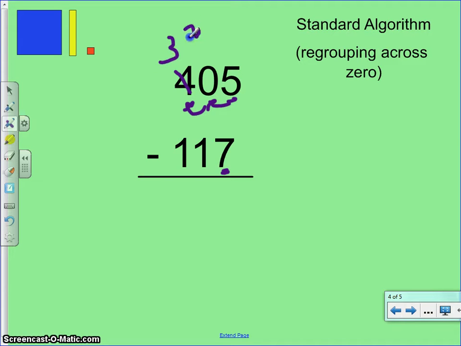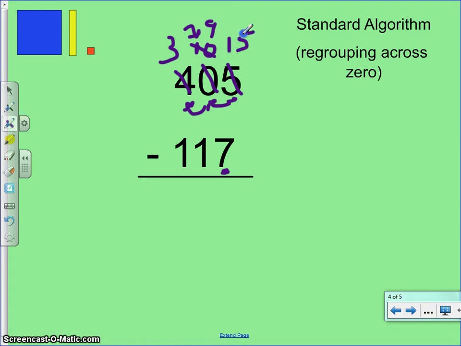I put that into my 0, which turns my 0 from 0 tens into 10 tens, because I borrowed 10 tens from my 100. And then I regroup again from my tens place, and I borrow one of those and I put it into my 5. So 10 plus 5 ones is going to give me 15 ones.